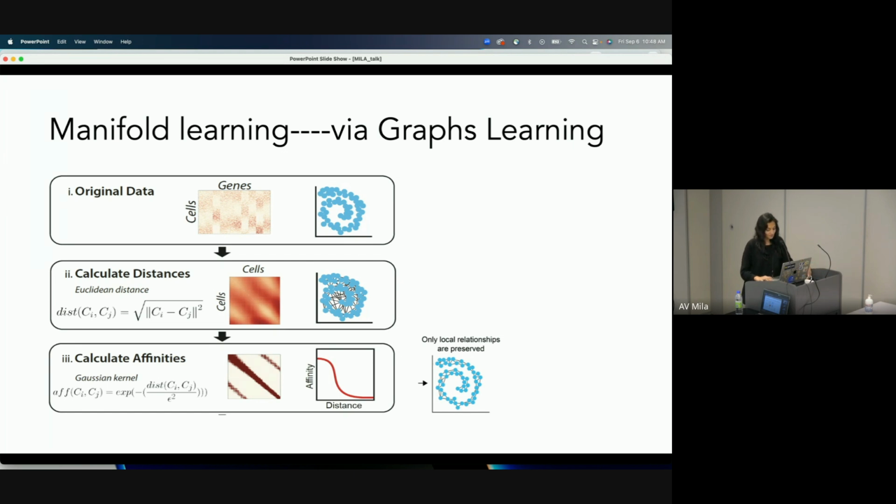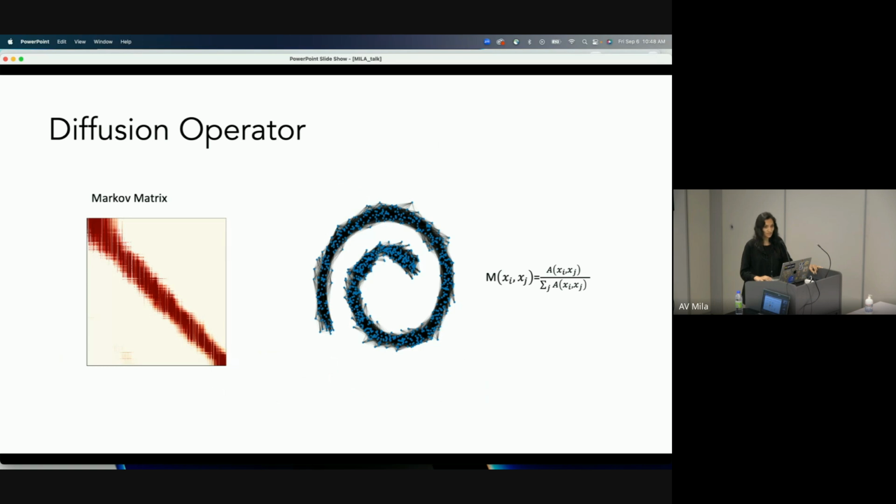And so a lot of the networks that I'll be showing you either directly have graphs embedded in them or they have graphs dimensionality reduced into some coordinates. And so one other operation that we've found really, really useful is what's called a diffusion operator. It's computed directly from this affinity matrix.